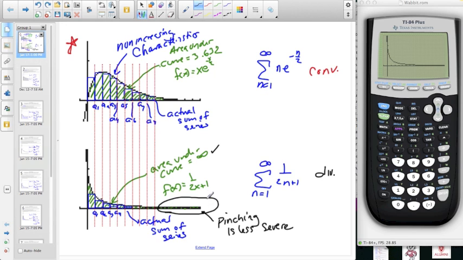It's this cumulative effect of summing these terms way out at the 10,000th and the 20,000th and the 50 millionth term that we really see this true effect of accumulation. So this ends up diverging, even though early on it looks like it pinches more severely than this. This ends up converging because later on in the series it ends up being a more severe pinching, or asymptotic behavior, with the horizontal axis.